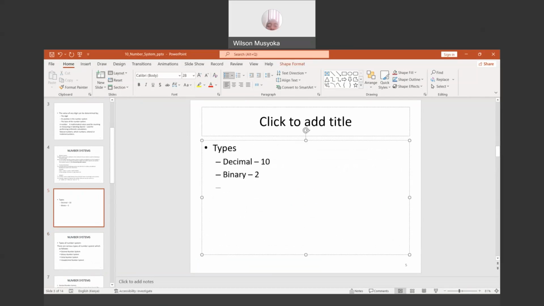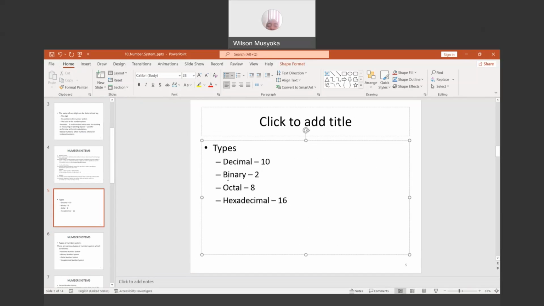We also have the octal, which has 8, and we have the hexadecimal numbering system, which has 16 digits. So the decimal number system is base 10 because there are 10 such digits.